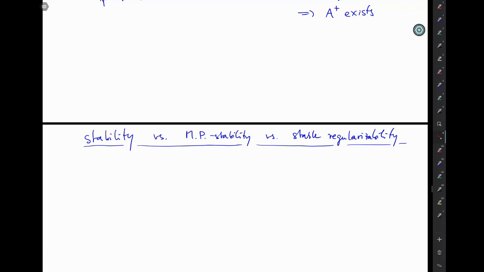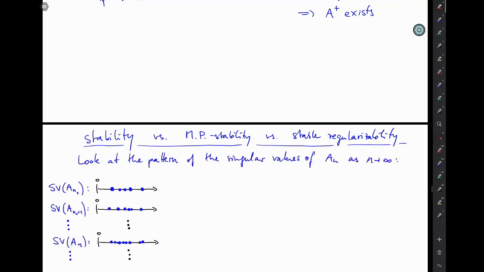So let's recall what we found out about stability in this respect, and then let's see whether we can do something similar for Moore-Penrose-stability and the other property. For stability, we found out in section 4.3 that the key is to have a uniform but positive lower bound on all your singular values, at least starting with AN0.